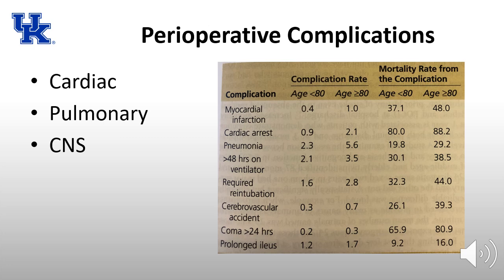The stroke risk is approximately 1% annually in the non-surgical elderly population, to give you an idea, but the perioperative stroke incidence compared to that number is increased. About 0.5% of our elderly patients have perioperative strokes.